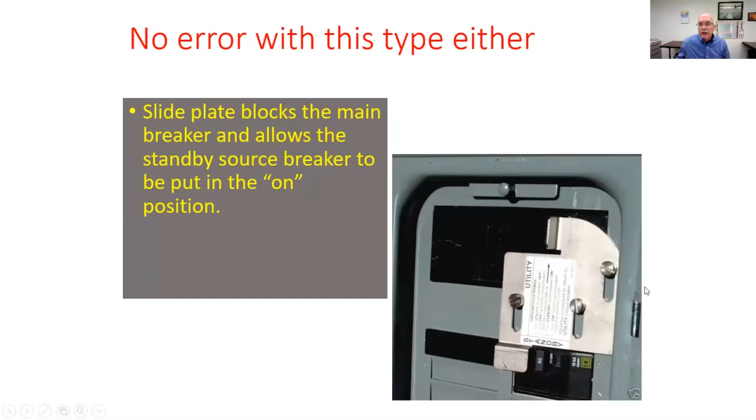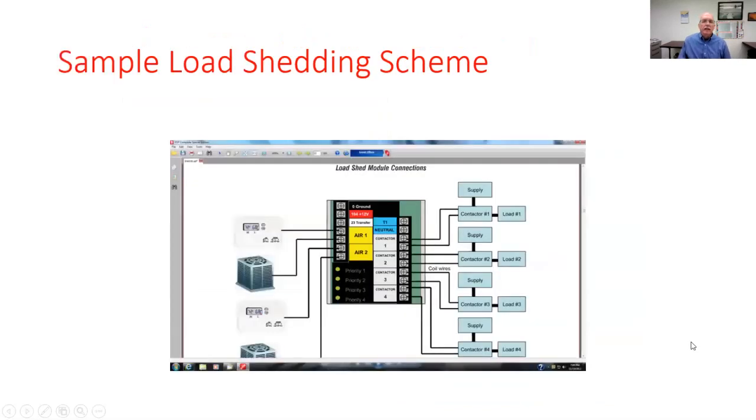So with this particular one, if you turn off your main breaker, it's hard to see, I understand that, and then slide this bar back up, that will block the main breaker, and it will allow this two-pole 60 amp breaker to be turned on. So there's no possibility of messing up with that either.